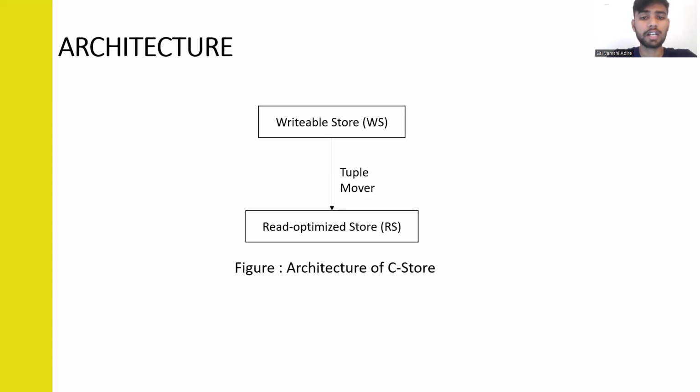So here is the architecture of the columnar database. It has a writable store, referred to as WS, a tuple mover, and a read optimized store. This is the architecture of the columnar database.